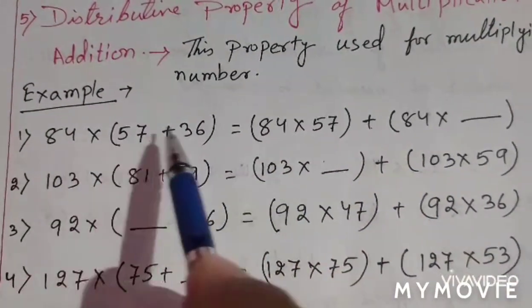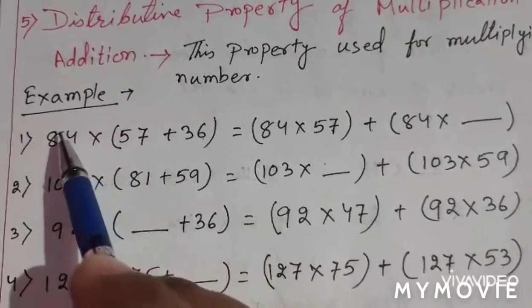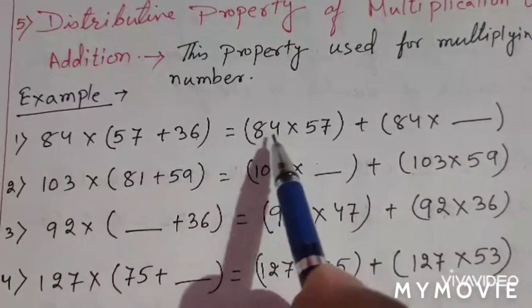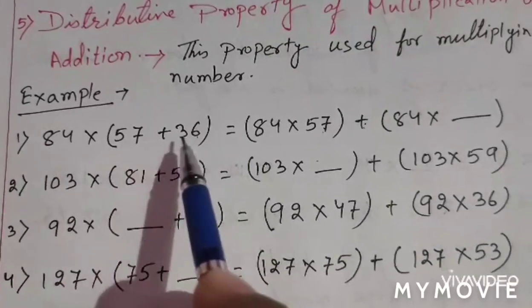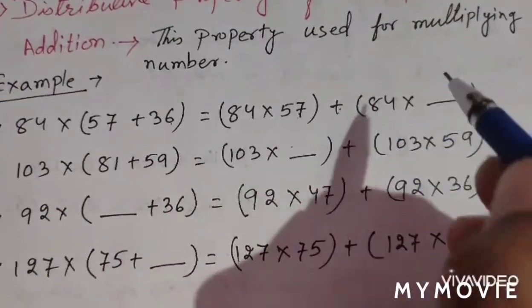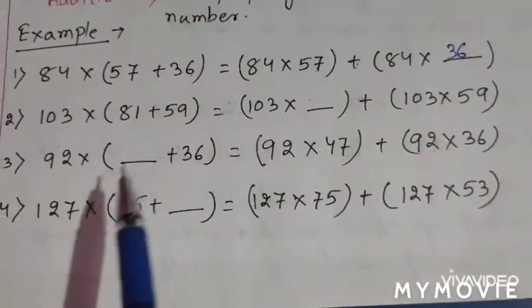Then 84 into 36. One time it will be multiplied with this number, and another time it will multiply with this number. Just see, 84 into 57 is given over here, the plus symbol is given over here, and 84 into dash is given. In the dash what to write? 36. This one.